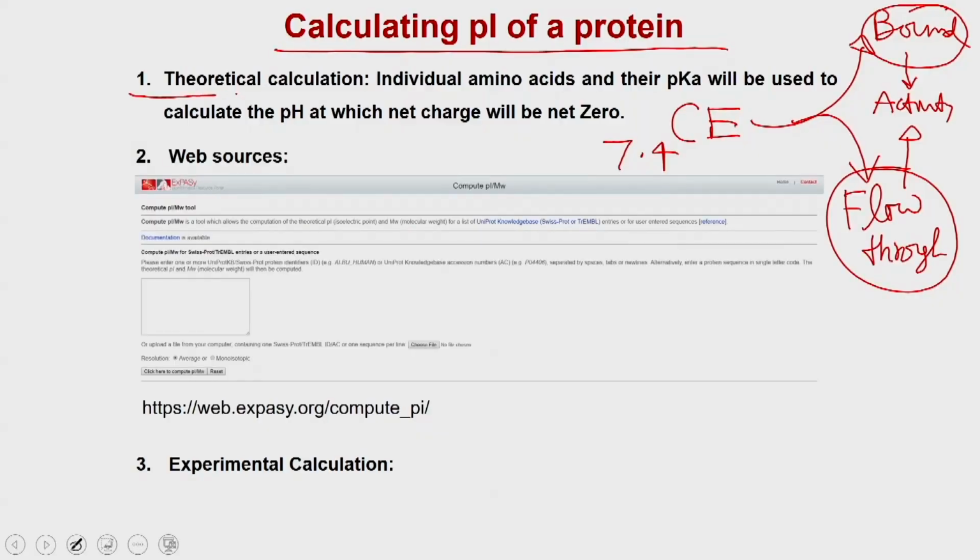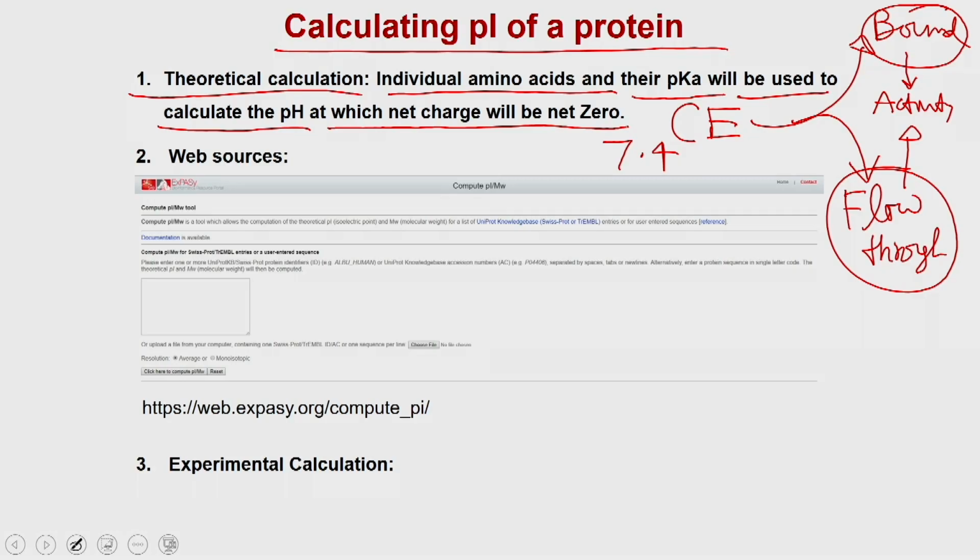The approach number 1 is theoretical calculation. You know that the effective charge of a protein is decided by the charge provided by the individual amino acids. So, you can take the individual amino acids and their pK values, and that information can be used to calculate the charge on the protein at a particular pH, and by doing so you can calculate at which pH the protein is going to have a net charge of 0, and that would be the pI value.